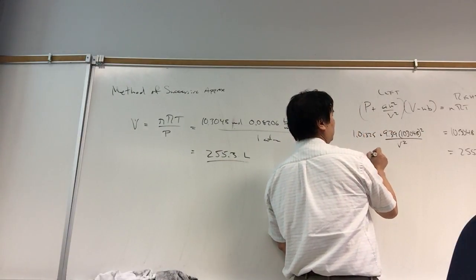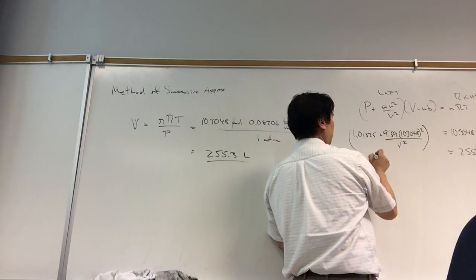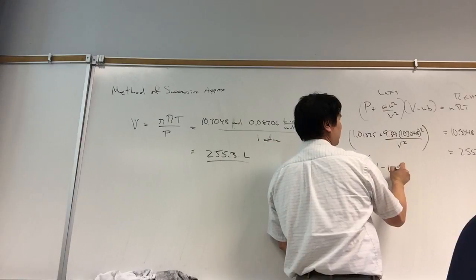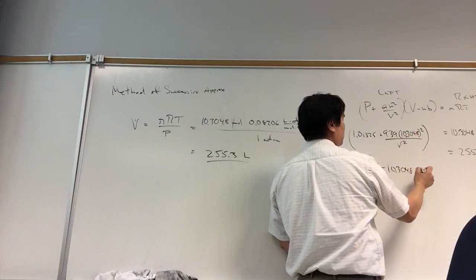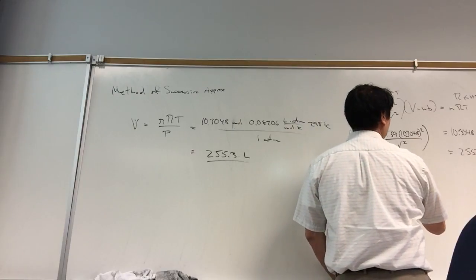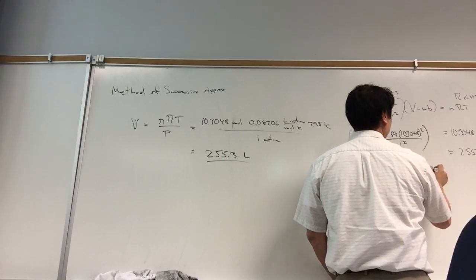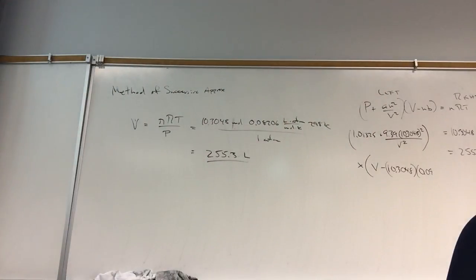This is going to be times V minus 10.3048 times B, which is 0.905.